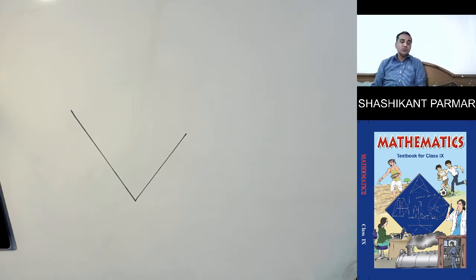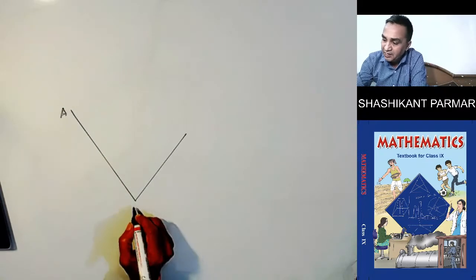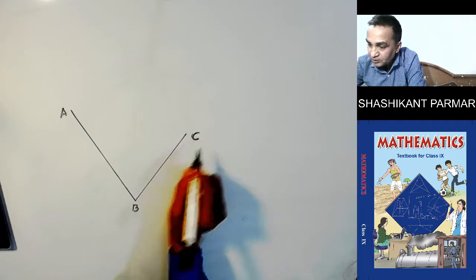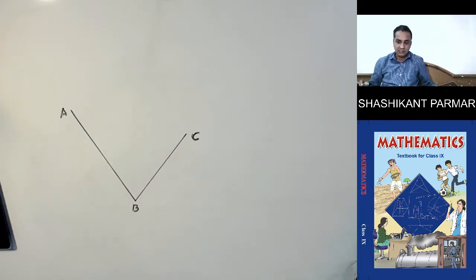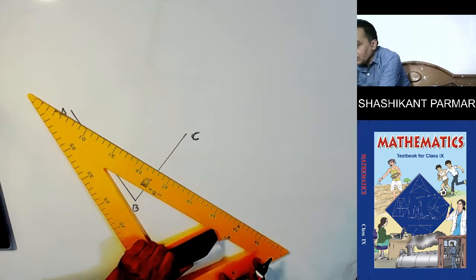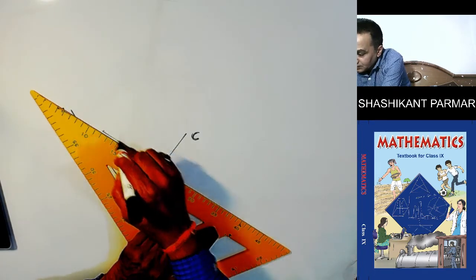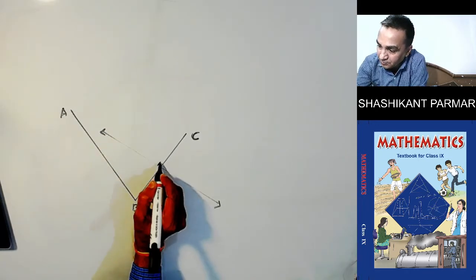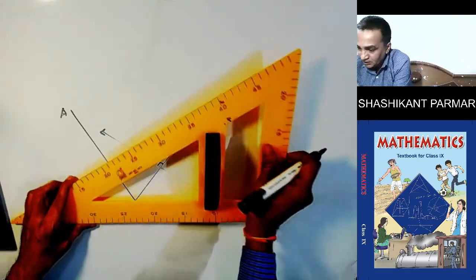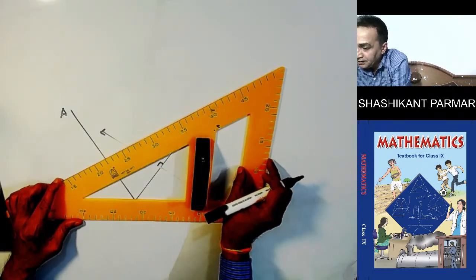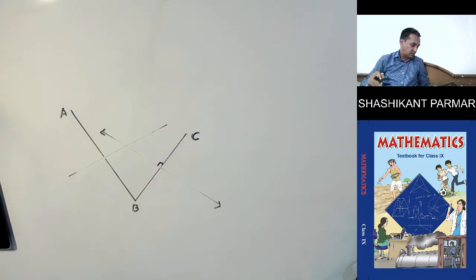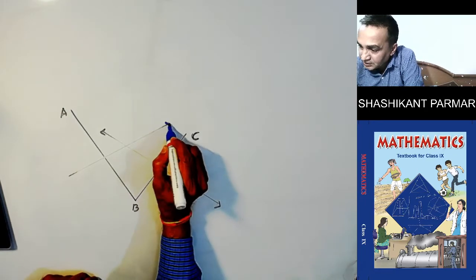Okay. So 3 points A, B and C. So construct this line and this line also.